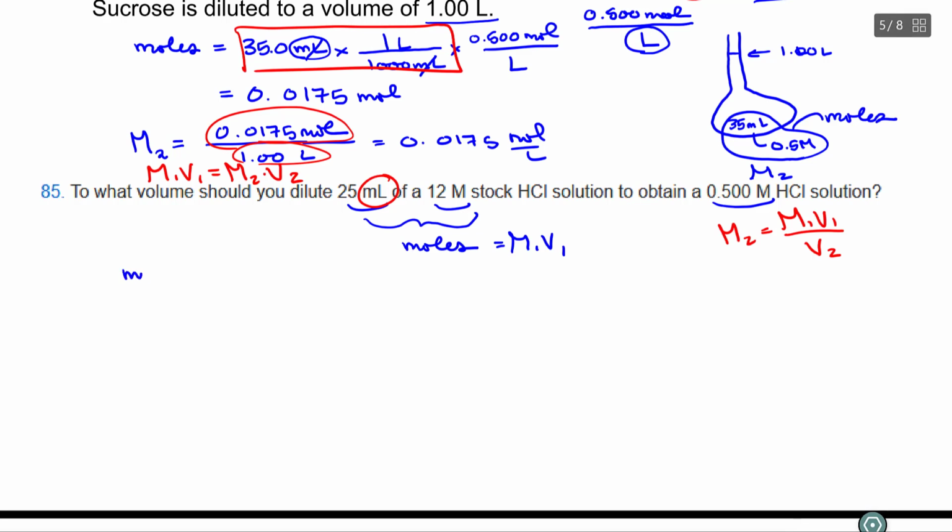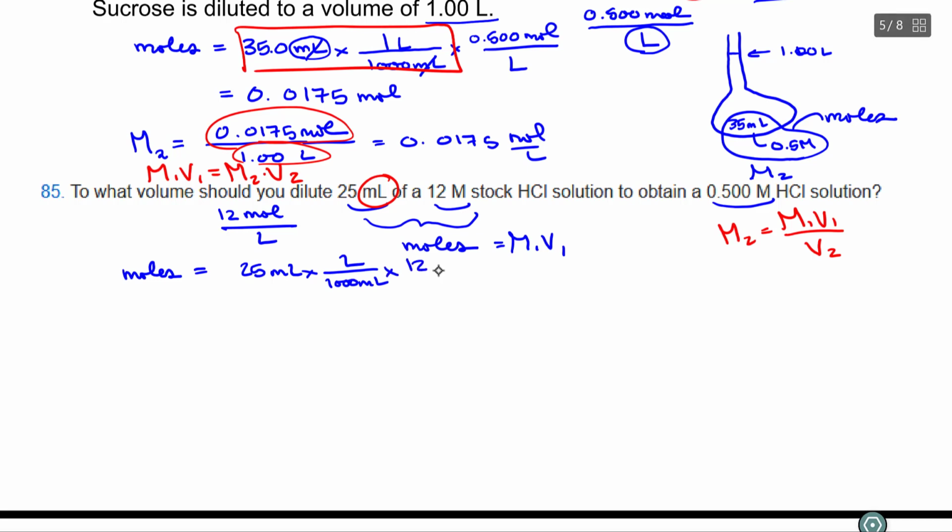I'm going to say moles. It's going to be 25 milliliters times 1 liter per 1,000 milliliters. Now my molarity is 12 moles, again, per liter. Write it like that. So then you can see your liters will cancel out.